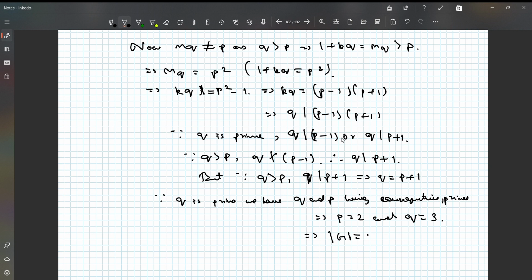That implies the order of G must be 12. And we know from the analysis of groups of order 12 that it either has a normal Sylow 3 subgroup or a normal Sylow 2 subgroup, right? So from here, it can be just analyzed from the analysis of groups of order 12, correct?